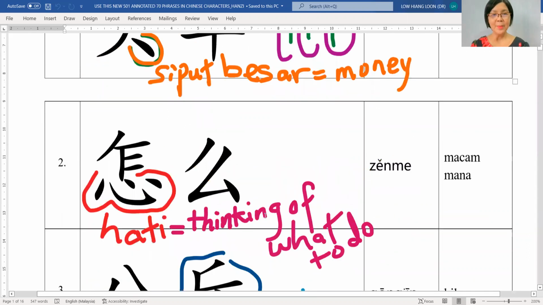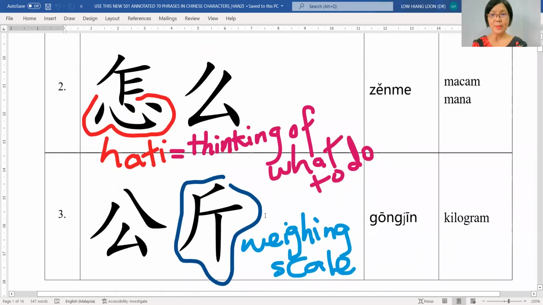Next number. Number 2. What do you know about this? 在吗? Number 2. Then we get number 3 to do.